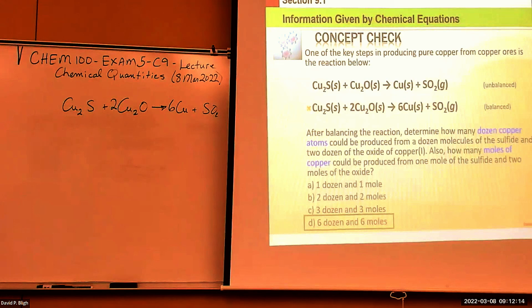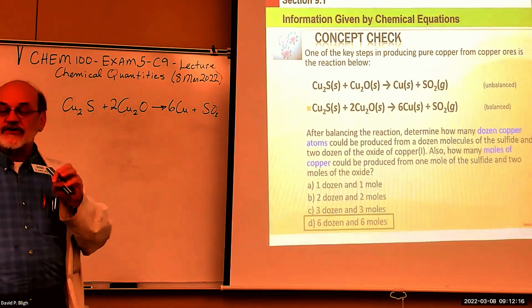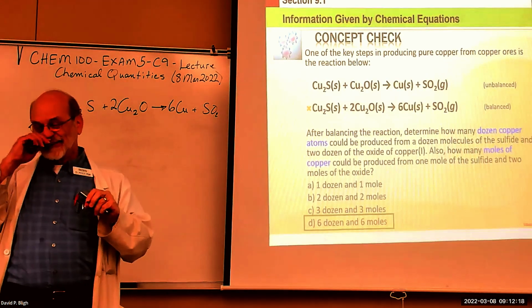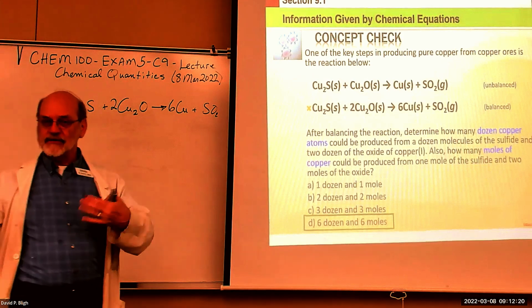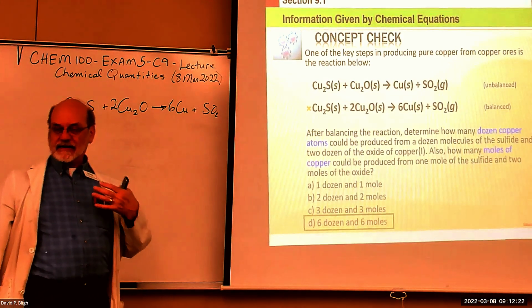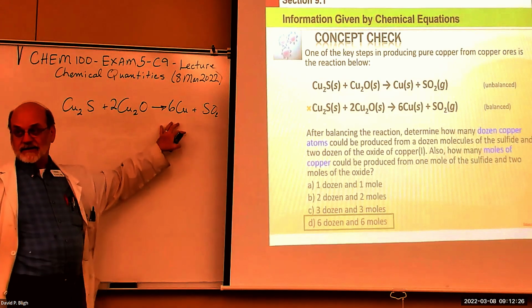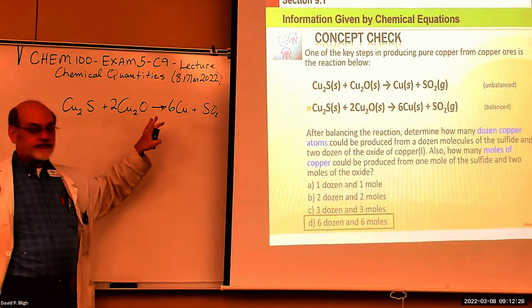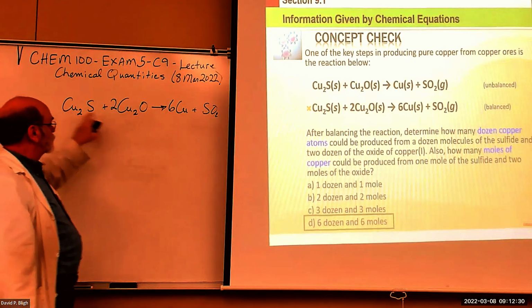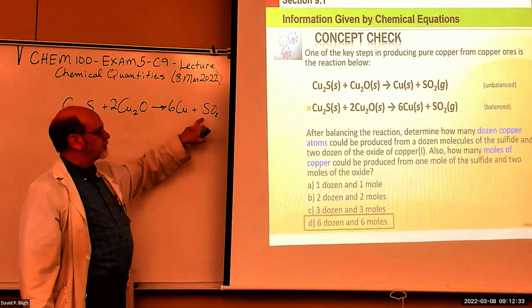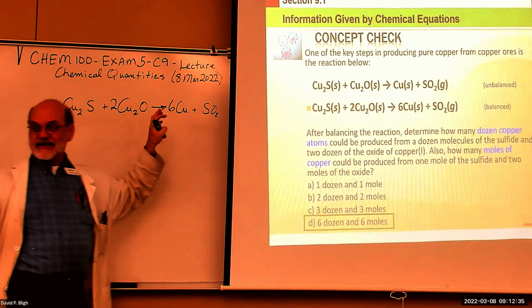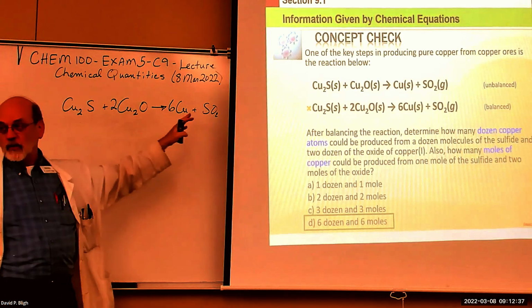So I think the point that's being made here is that the ratio is constant. It's always in terms of numbers. So the ratio of things is fixed. Once the equation is balanced, then the ratio is fixed. And you can say 2, 4, 12, 2, just as easily as 1, 2, 6, 1.